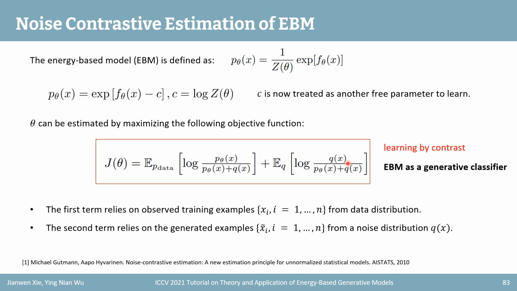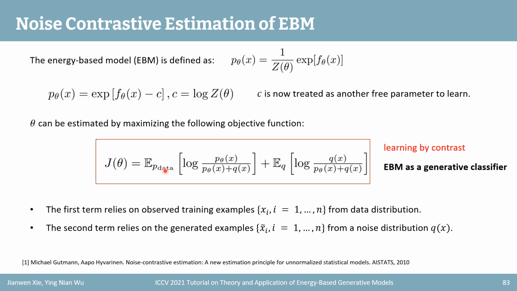Okay, and then following the idea that EBM can be considered as a generative classifier, we turn the learning of EBM into a discriminative or classification task, where we maximize the following objective function. Okay, so this is expectation with respect to P data.